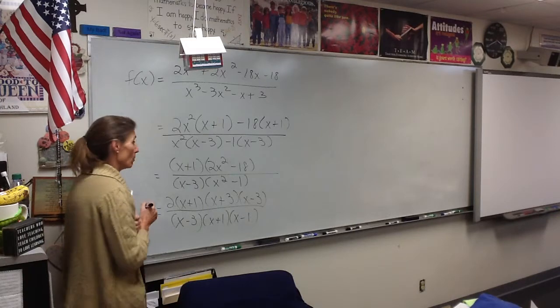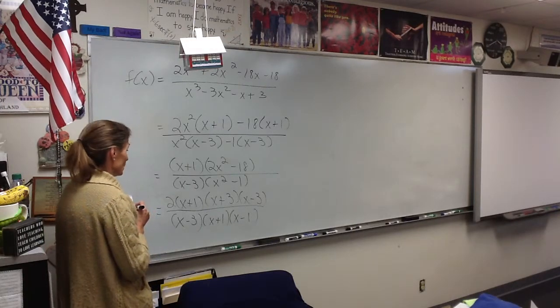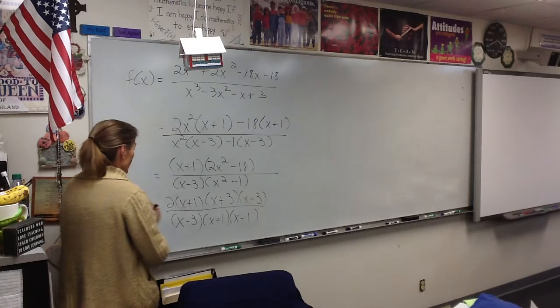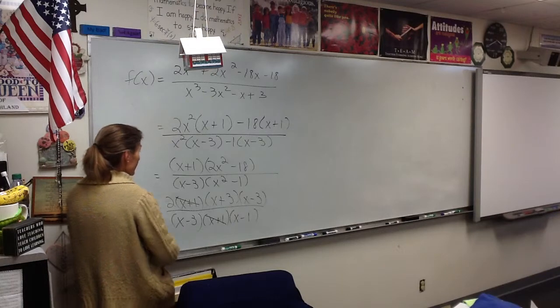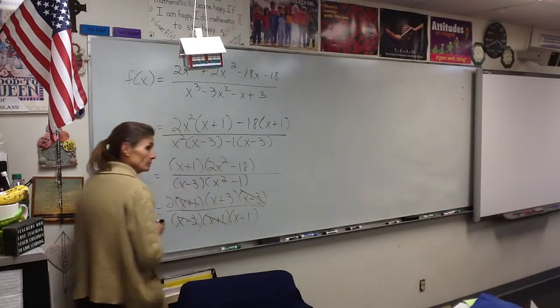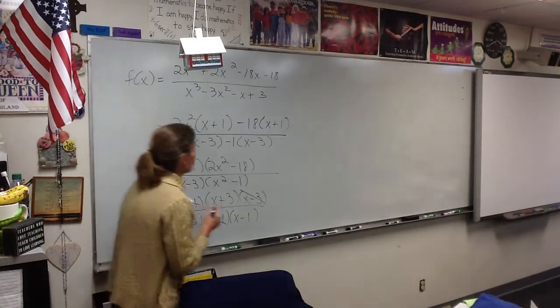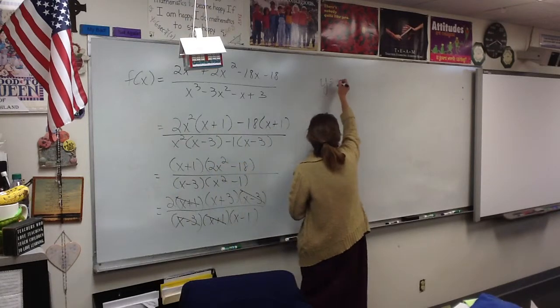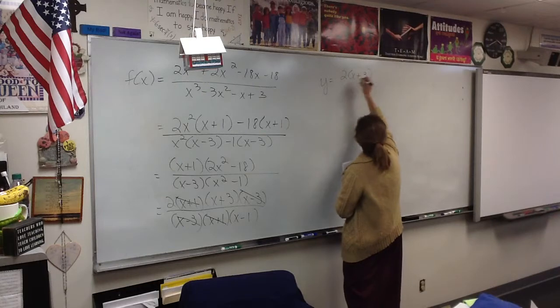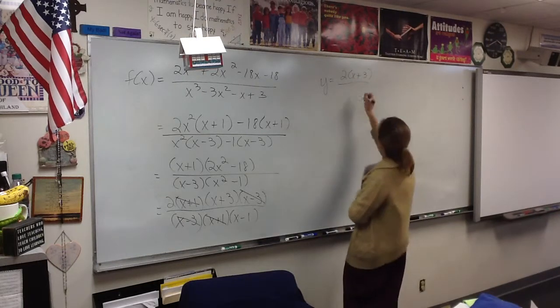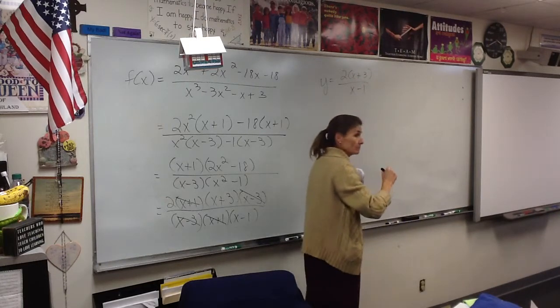All right, now, what do you notice? These cancel, and these cancel. So ultimately, we are only going to be graphing 2x plus 3 over x minus 1.